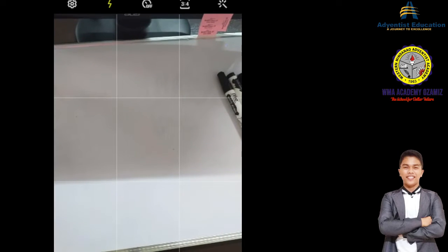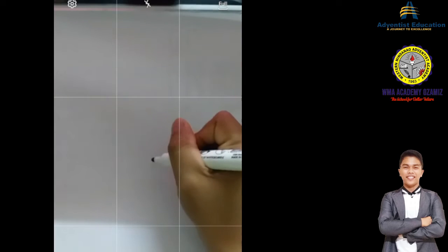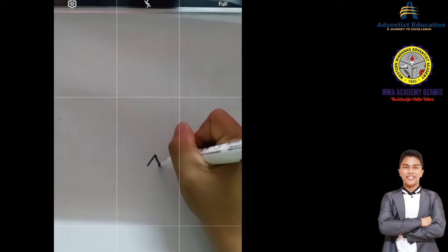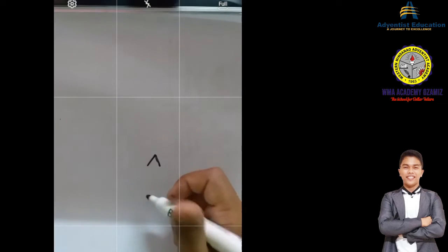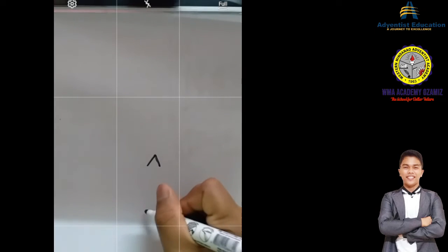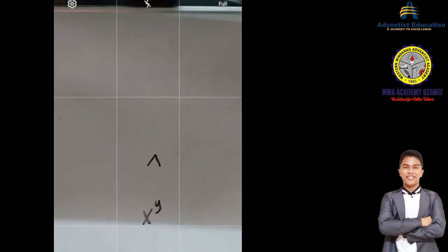So let me show you my camera. I'm sure that you can see this symbol in your scientific calculators. You can use this symbol, or if you don't have that symbol, you can use this other symbol in your scientific calculators.